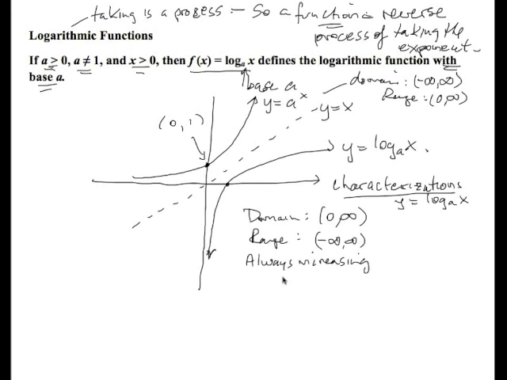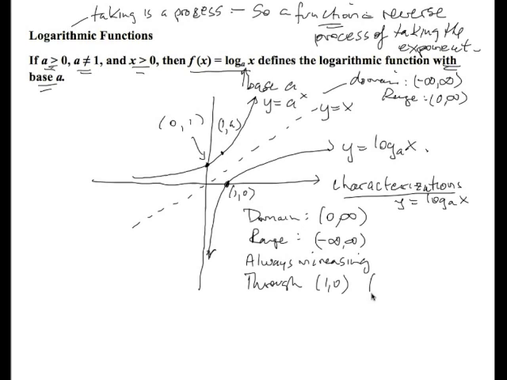Like so. What else do we know? It goes through the point (1, 0). There it is here. Now notice that this one up here also went through (1, a).